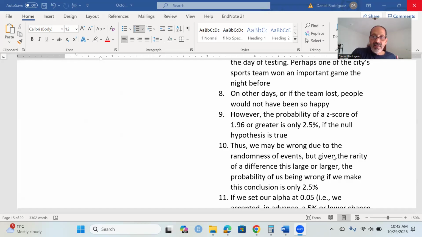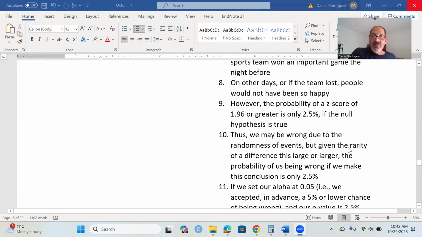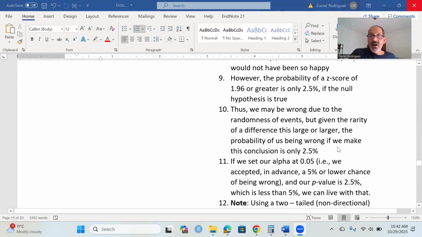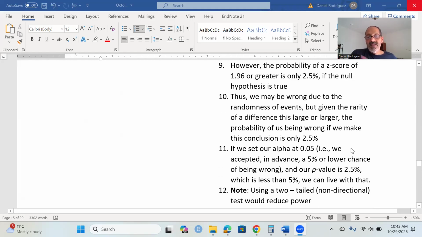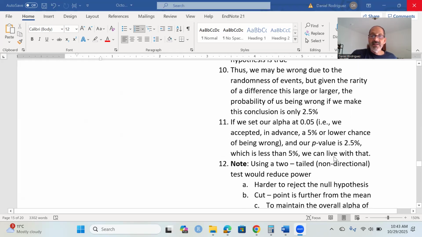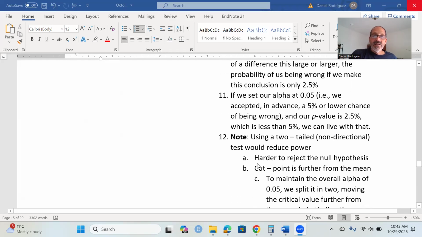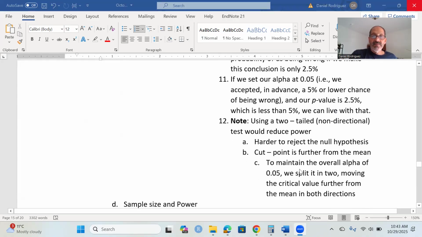However, this is the important thing. Given the rarity of a difference that large or larger, the probability of being wrong if we make this conclusion is only 2.5%. And we can live with that, right? Especially if we set our alpha at 0.05. So in this way, we account for the possibility of errors.